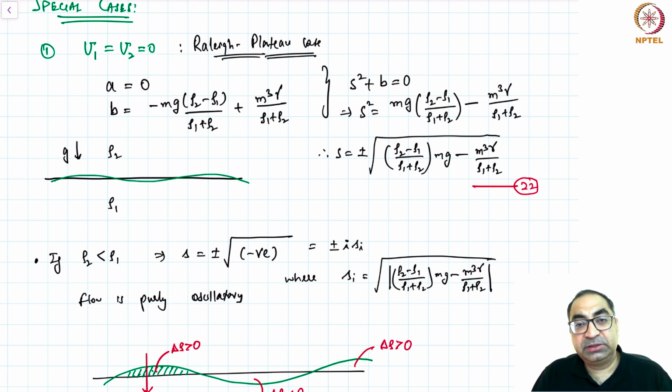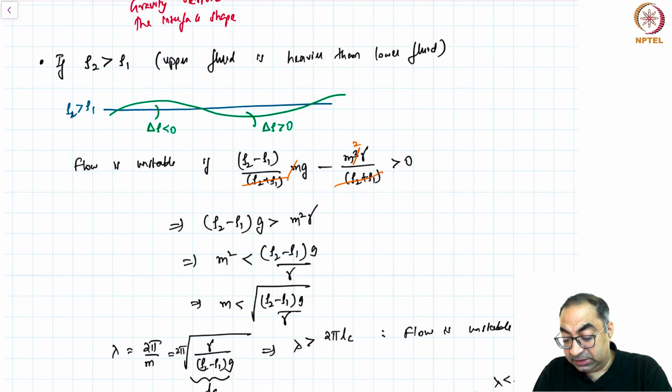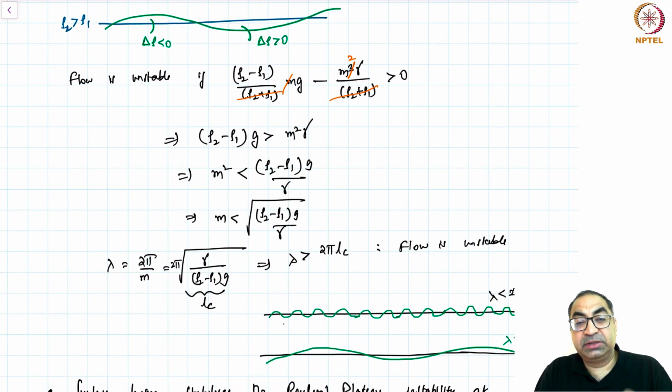Rayleigh-Plateau instability occurs when you have a heavier fluid sitting over a lighter fluid, so the heavier fluid tends to sink down. But what we find is that there is a critical wavelength, 2 pi LC. Only when you are exceeding the critical wavelength does the flow become unstable.